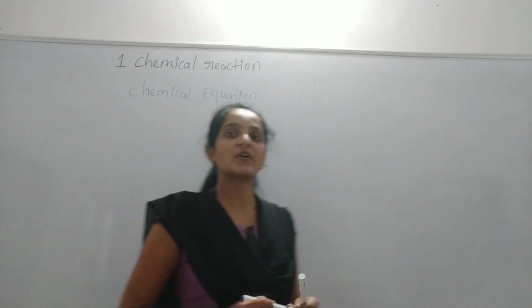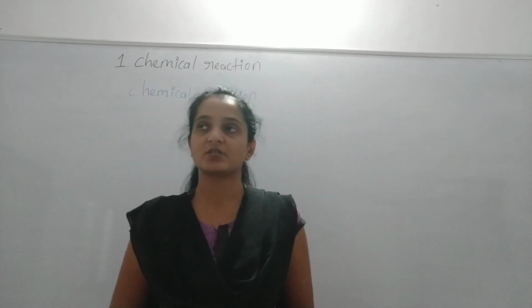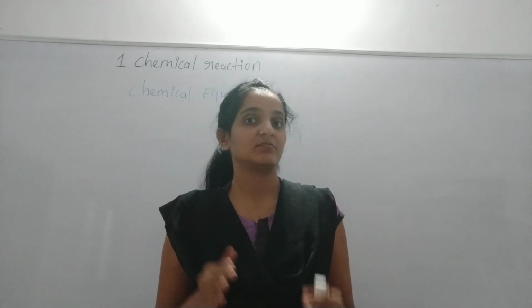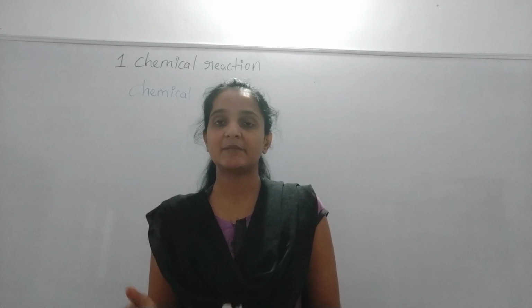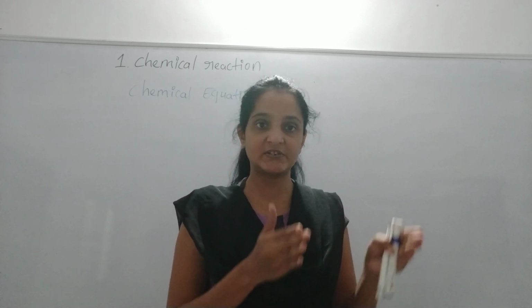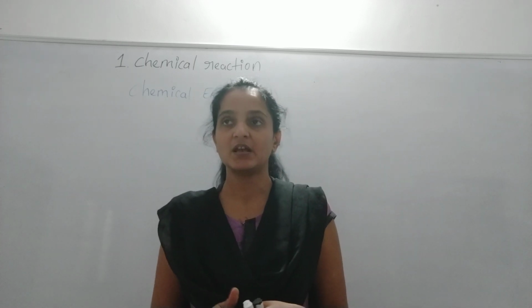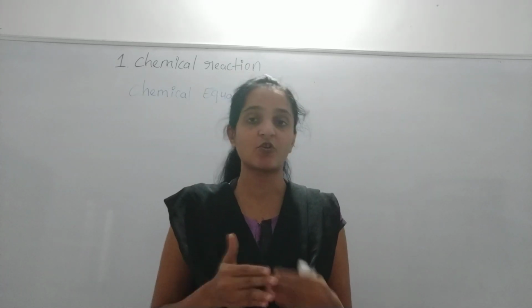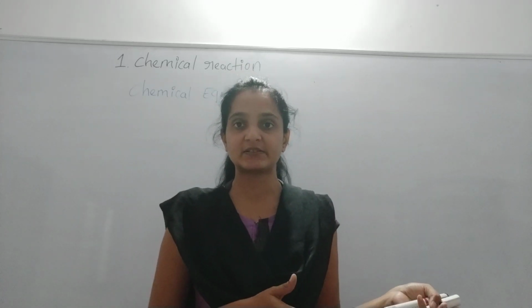So how can we write any chemical equation? Let's take the same example: magnesium reacting with oxygen. It means these are our two chemicals which will undergo the changes, and it will form magnesium oxide, a new substance formed by these two substances, right?